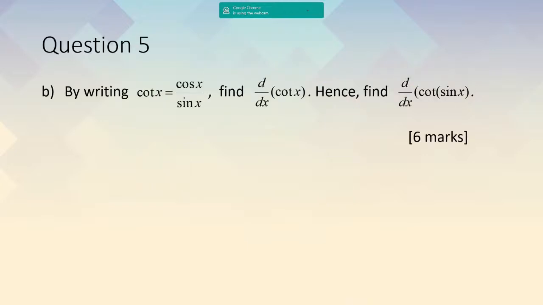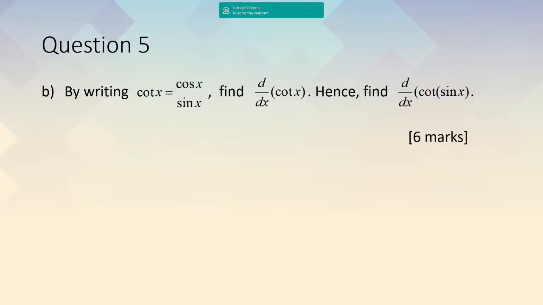Okay, question 5b. Given cotangent is cos over sine, find the derivative of cotangent.